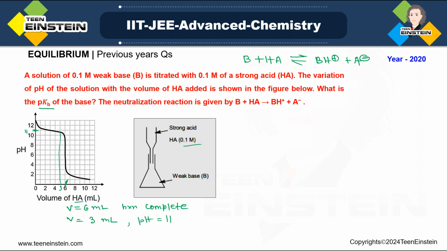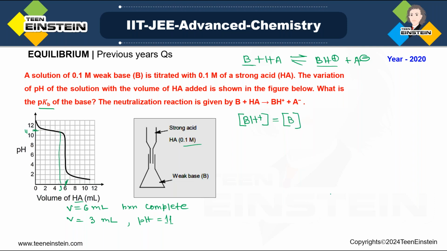Now why we are talking about half equivalence point, that you have to understand. When it is half equivalence point, what is happening? Half of B is consumed, that is, half of B is already converted to BH plus. Under this situation, the concentration of BH plus will be equal to the concentration of B, right?